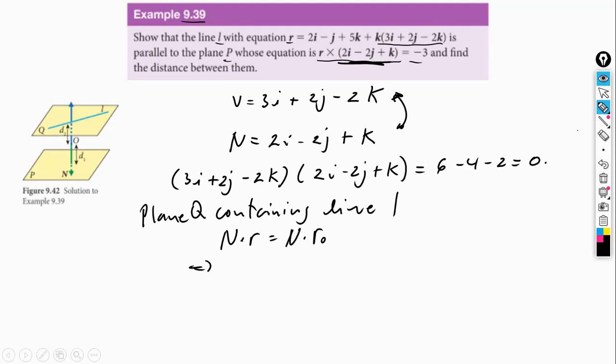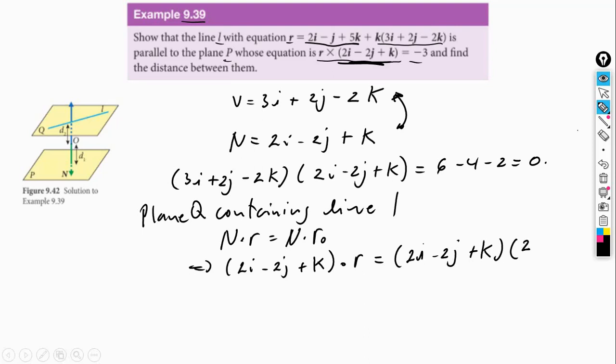Notice that this implies that 2i minus 2j plus k dot product R is equal to the dot product between the normal again, so 2i minus 2j plus k, dot product the position vector for line L. So that would be 2i minus j plus 5k.